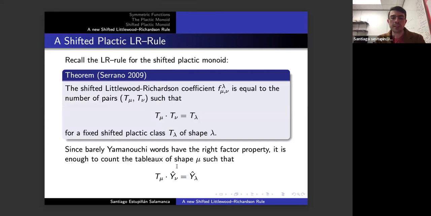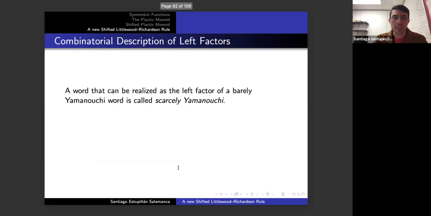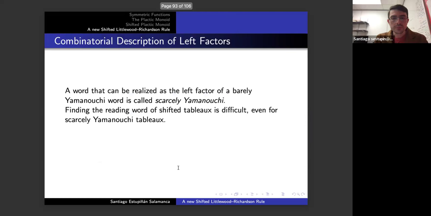Okay, but then for Berli Yamanouchi words, we have the right factor property. So the hope is that counting the tableau T sub mu that appear as left factors in this product, we can recover the rule by Stembridge. So we want to read these left factors, but it seems that they are very difficult to understand.